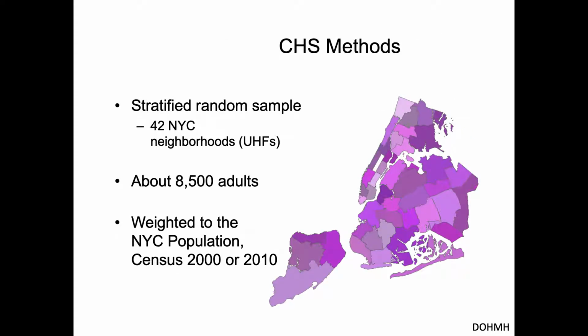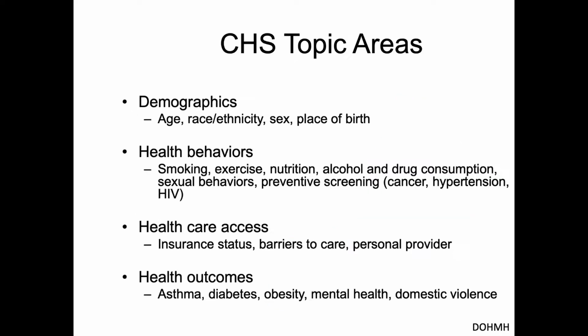So the Community Health Survey uses a stratified random sample, and this is using 42 New York City neighborhoods. It includes about 8,500 adults, and it's weighted to the New York City population using census data. The topic areas for the Community Health Survey are very similar to those of the BRFSS. They include things like demographics, health behaviors, healthcare access, and health outcomes.